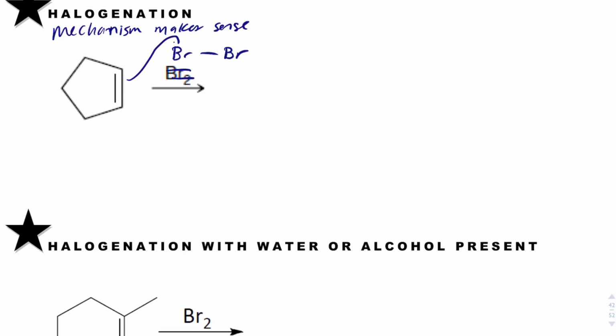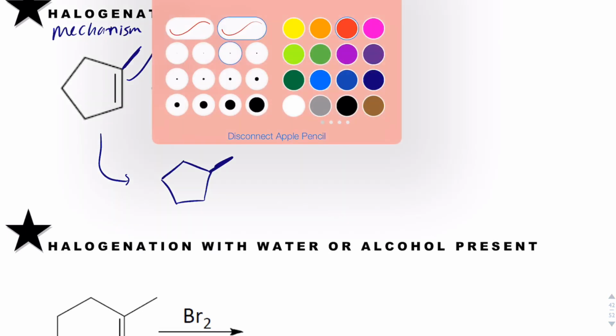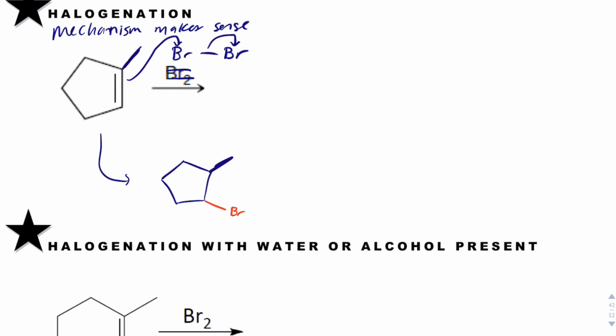So what happens is the double bond attacks one of the bromines, the electrons go back to the other bromine, and for convenience, let's add a methyl group here. So what we've got to understand is what makes sense where to put the bromine. We could put the bromine on this carbon or on this carbon, but understanding that whatever carbon doesn't get the bromine, the other one is going to get a positive charge.